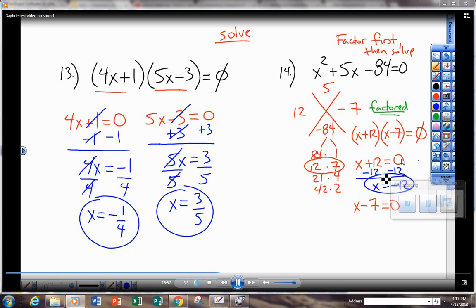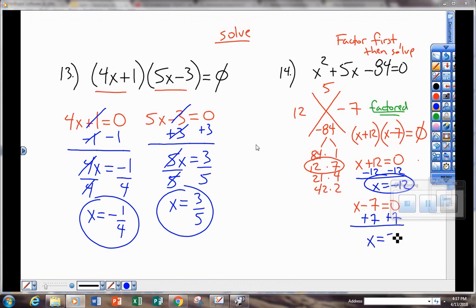And the other one, x minus 7 equals 0, add 7 there. So x equals negative 12, x equals 7.